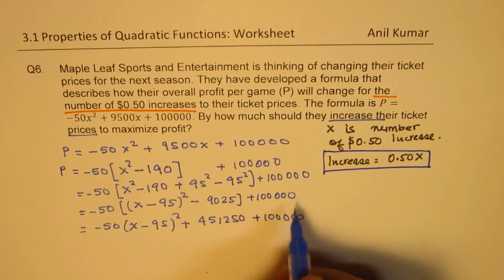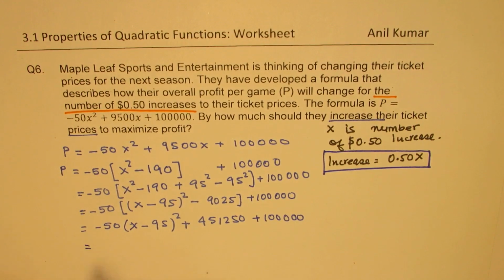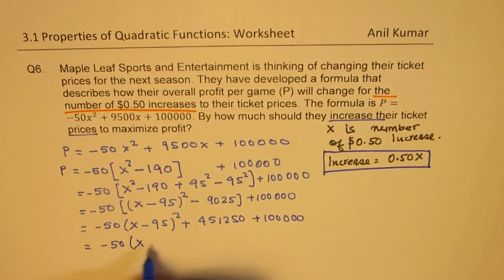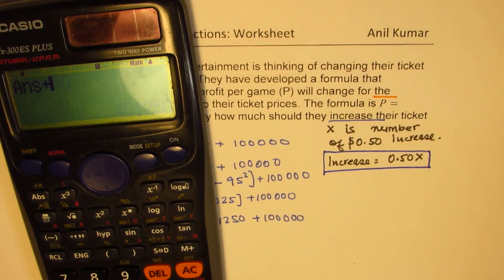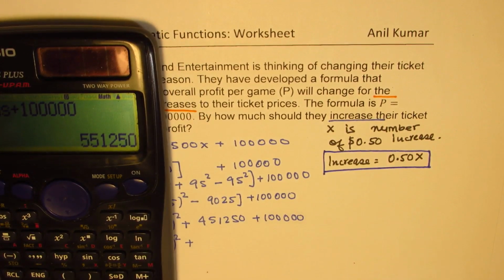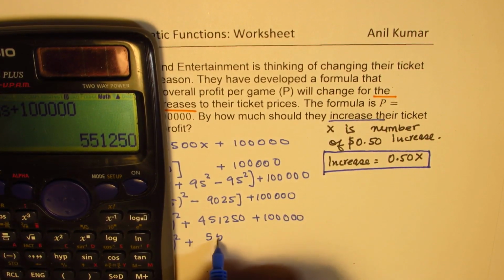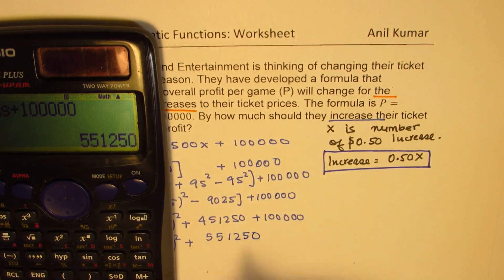Sometimes they might even ask what is their net profit, but in this question they are not really interested in this part. But here we have our final equation in this form. So now we'll add to this 100,000. So what we get here is 551250.